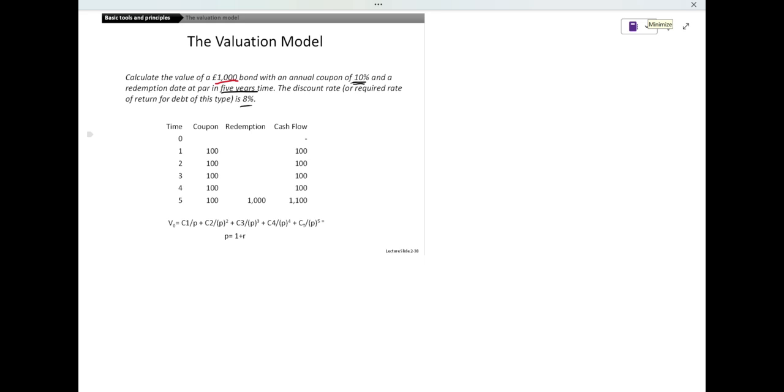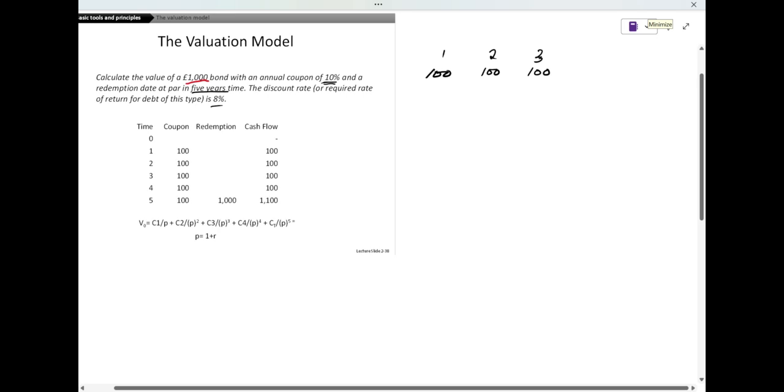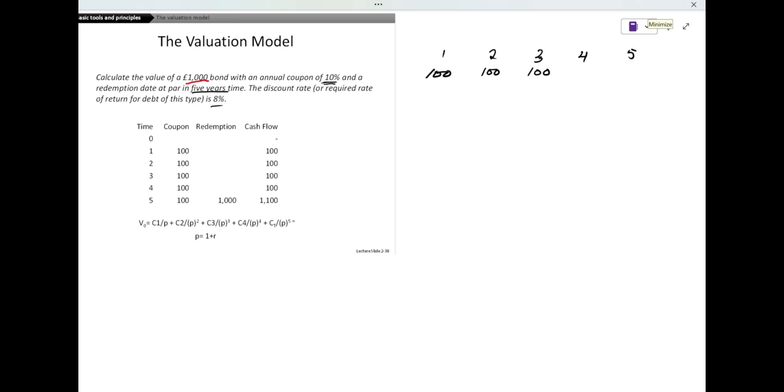Now that means I will get £100 in year 1, in year 2 I will get £100, in year 3 I will receive £100 again, year 4 and year 5. In year 4 I will receive £100, and in year 5 I will receive £100 plus the £1,000 which I invested. So I will get £1,100 back.